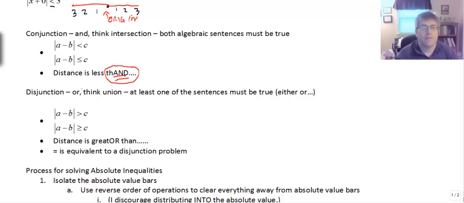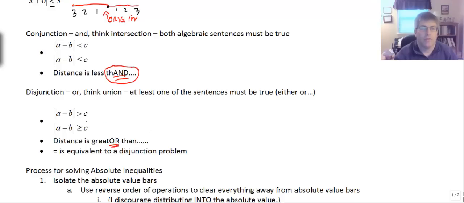Disjunction is an or problem. Think union here. So an or problem is union. At least one of the sentences must be true. Either or. Well, if the absolute value is greater than or equal to, the distance is greater, it's an or problem.